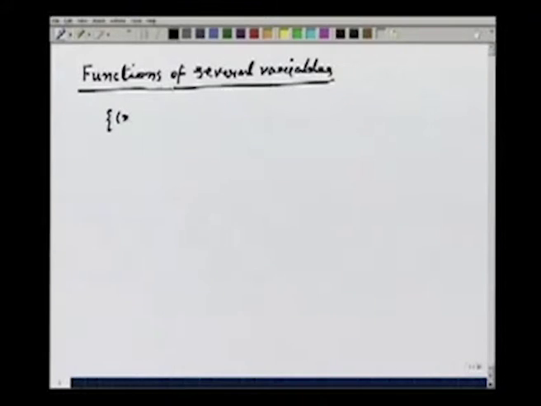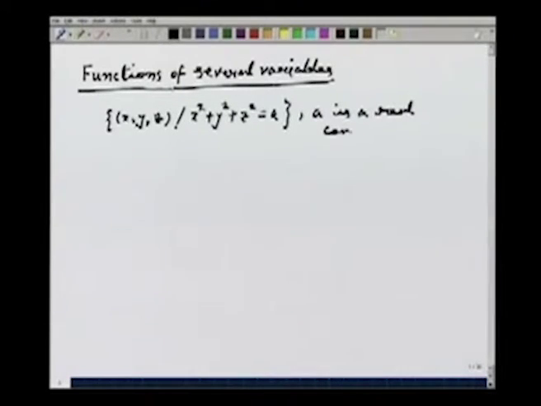It is the collection of all x, y, z such that x square plus y square plus z square equals a square, where a is a real constant, that is, a real number. Now this is a sphere centered at the origin with radius a.